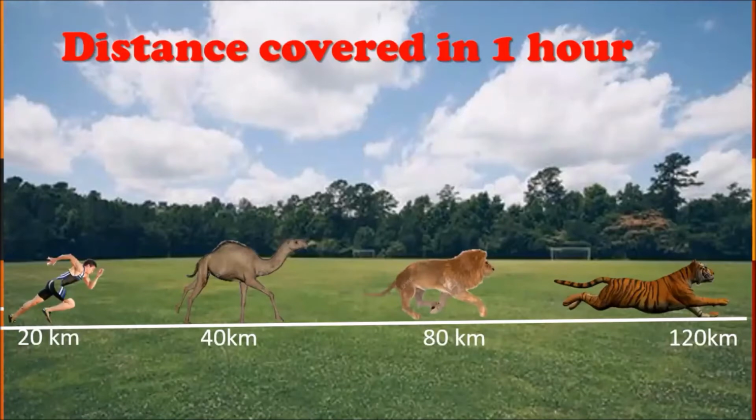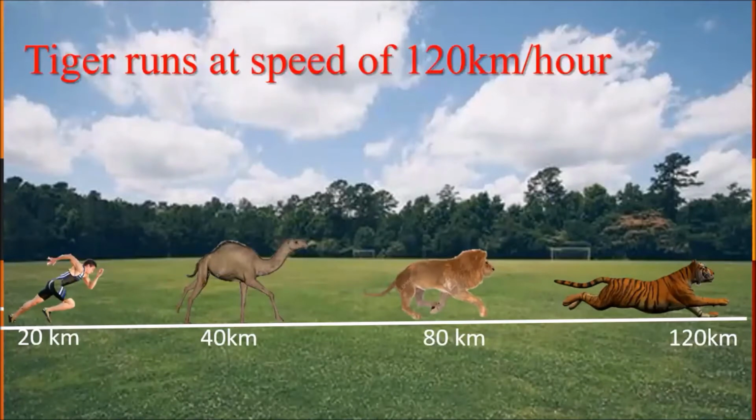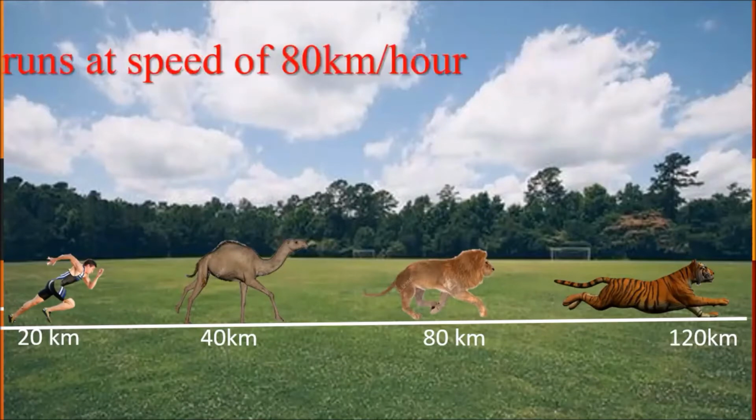So they have covered this distance in 1 hour. Now the tiger runs at a speed of 120 km per hour. So in 1 hour it will go 120 km.